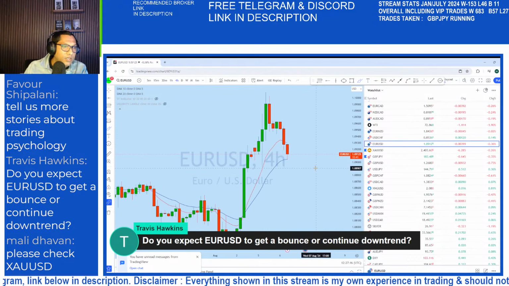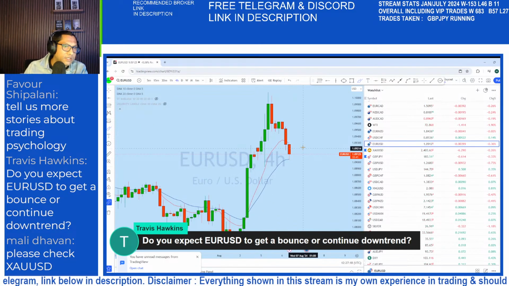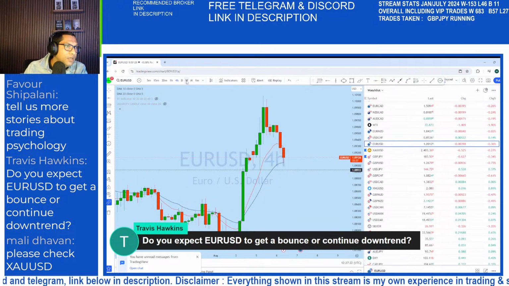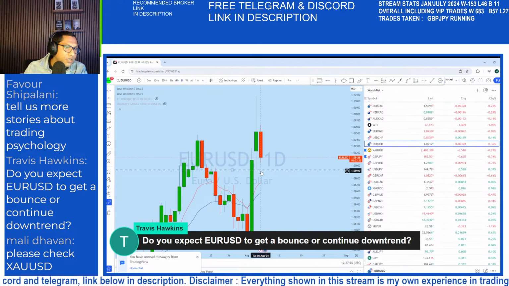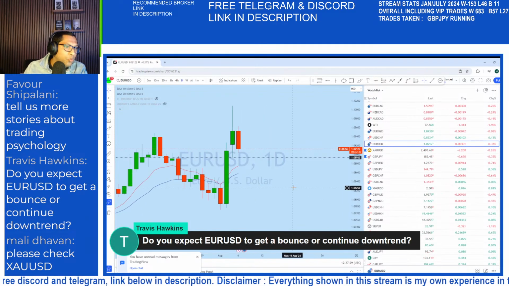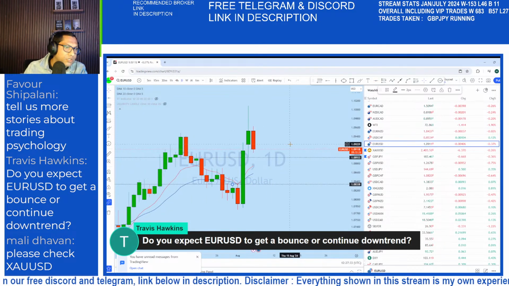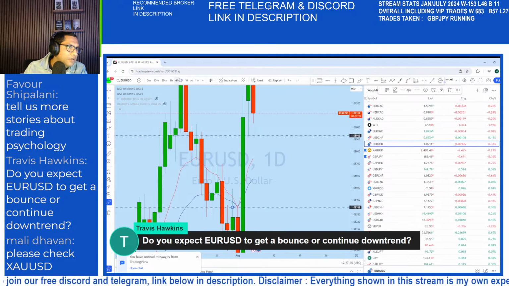Now I think Euro dollar, because it started to drop, we might see it coming back to this liquidity zone. If you look at the daily, because it failed to create a higher high, we might see even a retest of this previous resistance turning support here.